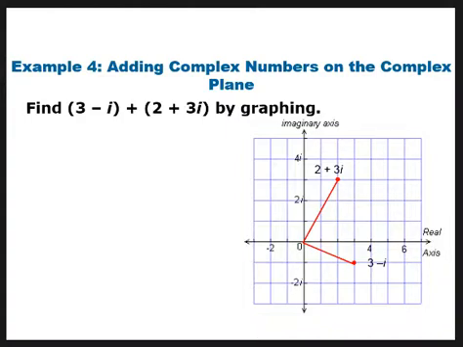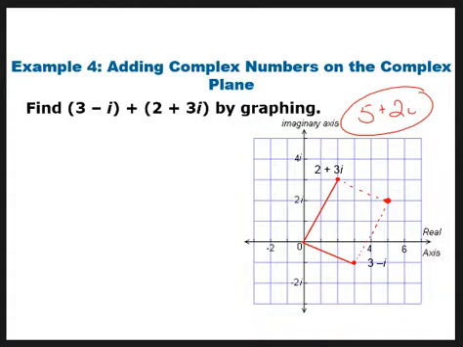If I take these red lines that are there and mirror them, going from here to here, I complete that rectangle. The point right here, which would be 5 plus 2i, is the solution you would get if you add these together.